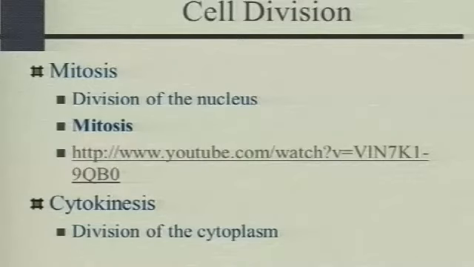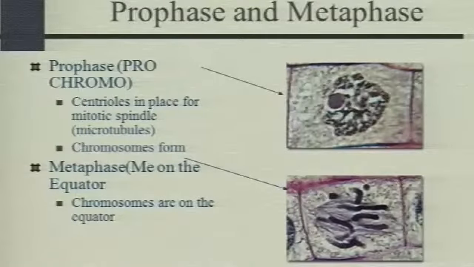Okay, so a brief little explanation of mitosis. I had difficulty when I was going through school trying to remember all the phases of mitosis, so I've given you silly little sayings to help you with this. There's prophase, metaphase, anaphase, telophase. Prophase, I nicknamed the prochromo. What's happening is chromosomes are starting to form.